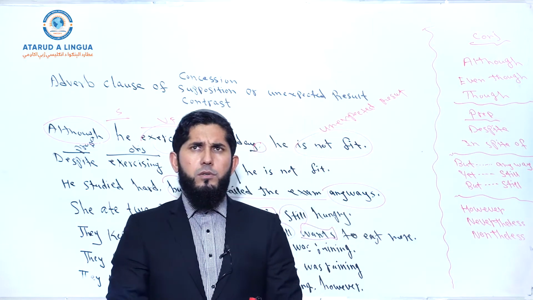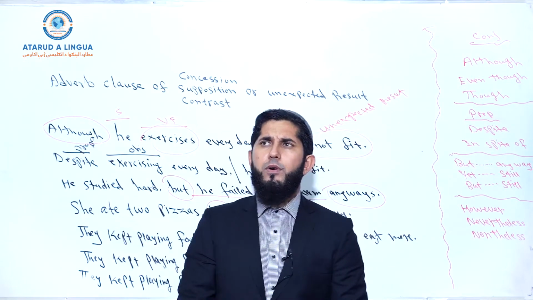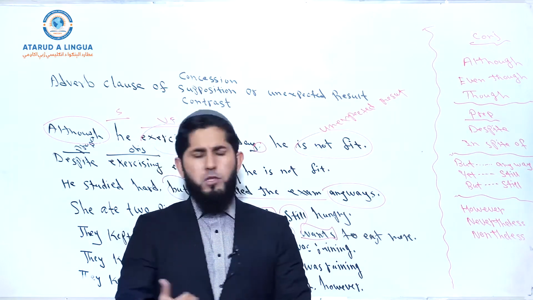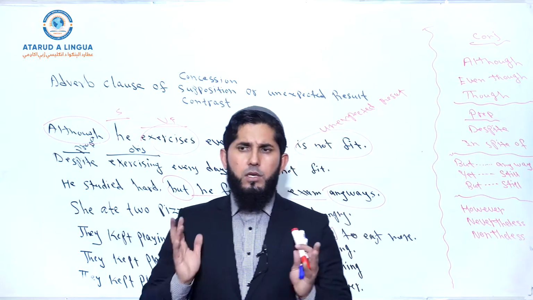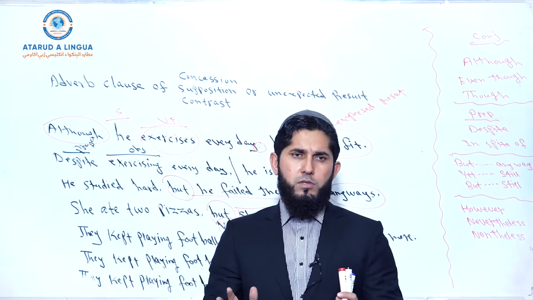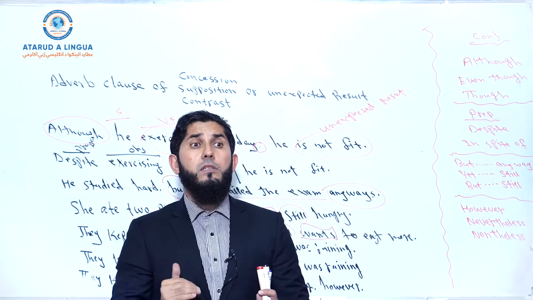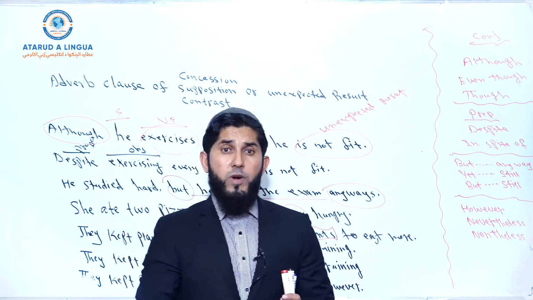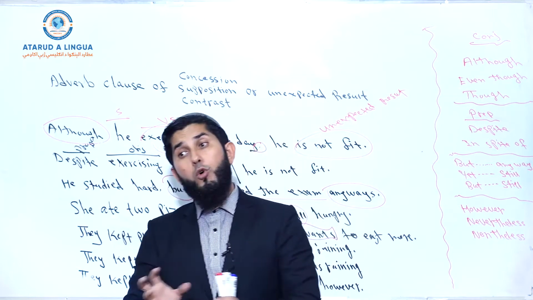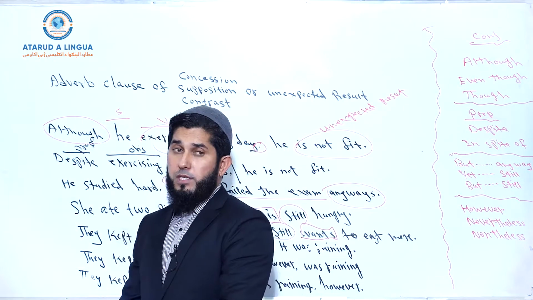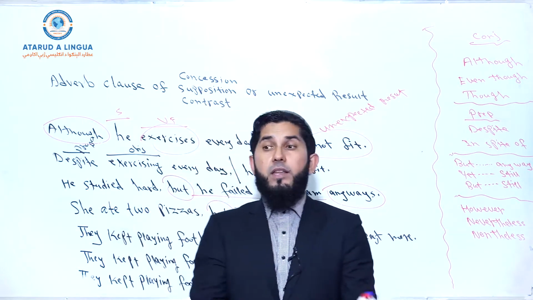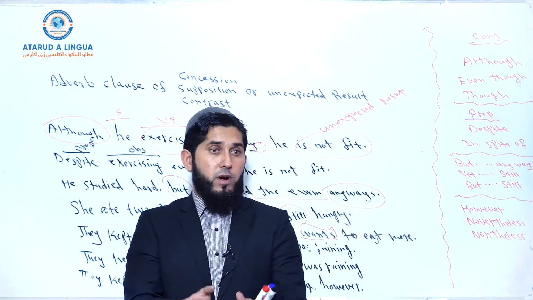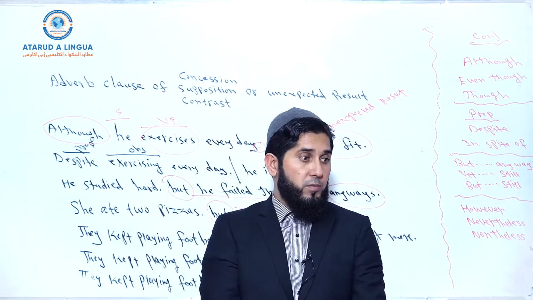In order to have proper coherence and cohesion in your paragraph, you need to know transitional words. You need to be able to use transitional words in your paragraphs in order to move smoothly from one idea to the next idea, in order to combine ideas between sentences in your paragraphs properly.